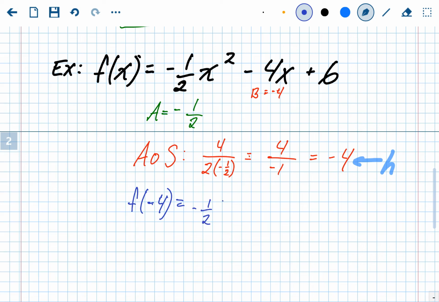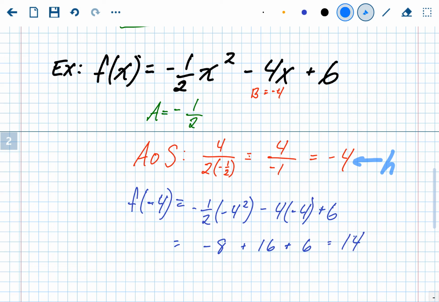Negative 1/2 times negative 4 squared minus 4 times negative 4 plus 6. That's going to be negative 8 plus 16 plus 6, which is 14. And again, that is our k value.